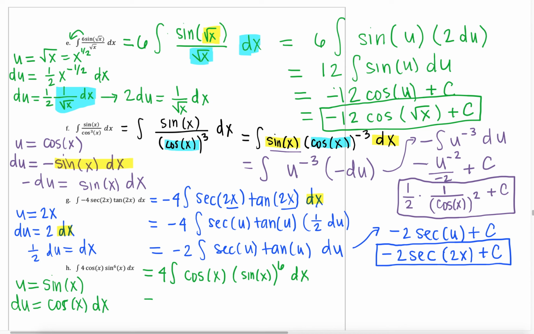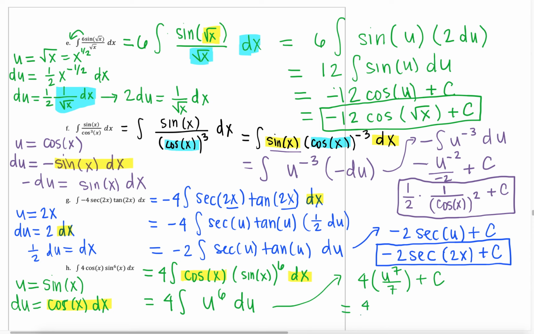What this will allow us to do, when we go to replace this, is that instead of the sine to the 6th, we'll get u to the 6th power. And to replace the cosine of x times the dx, that's equal to du, so I'm replacing that with the du. Now, this is a basic integral where we can apply the power rule. When we find the antiderivative of u to the 6th, we'll end up getting u to the 7th over 7 plus that constant term.